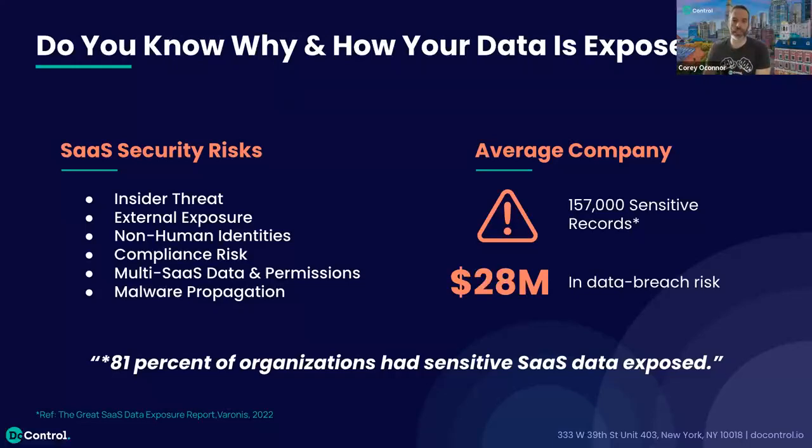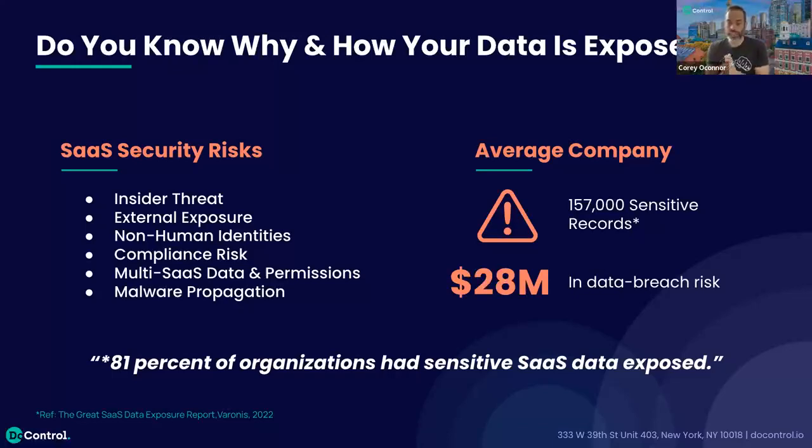Non-human identities. We covered this. You've got machine identity access. You've got SaaS to SaaS interconnectivity. You have compliance pressures, right? Think about the number of different privacy regulations that have come up in recent years, ensuring the protection of personal data. You have things like PCI DSS. You've got HIPAA. You've got controls that need to be applied to protect sensitive information, personally identifiable information, healthcare information, so on and so forth.